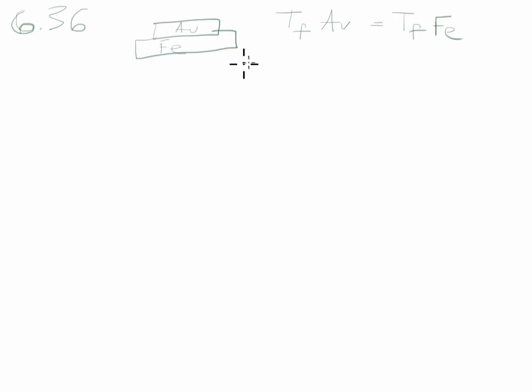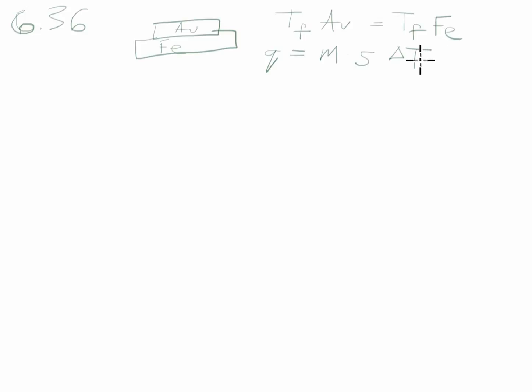We're going to use some of the same equations we used before for heat transfer: the heat transferred is equal to the mass times the specific heat times the delta T. What we're trying to find is the final temperature.